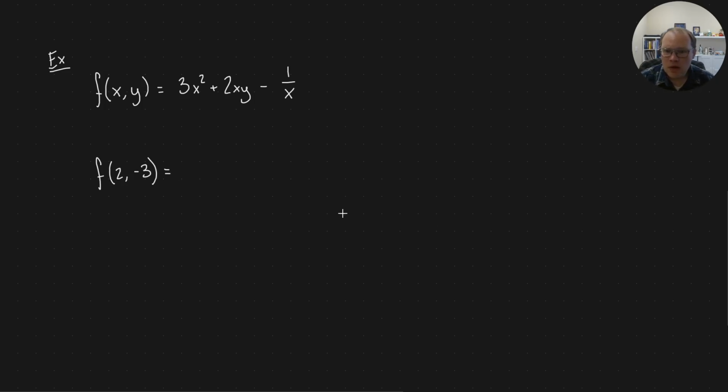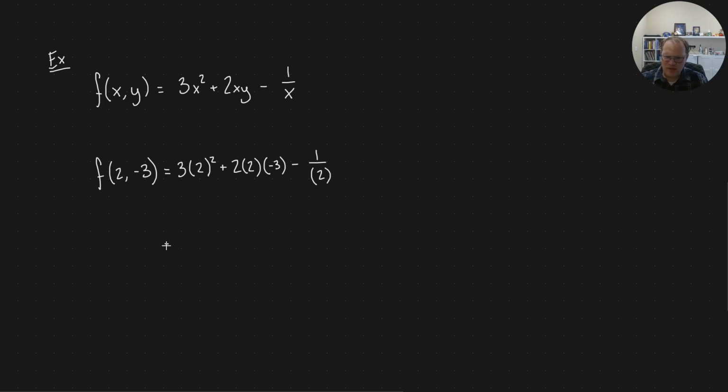Okay? So f of 2 comma negative 3, all I do is I'm going to plug in 2 for the x. I'm going to plug in negative 3 for the y. Just like with a single variable function. I just have two values I'm plugging in instead of just one. Okay? So every time I see an x, I plug in 2. And every time I see a y, I plug in negative 3.